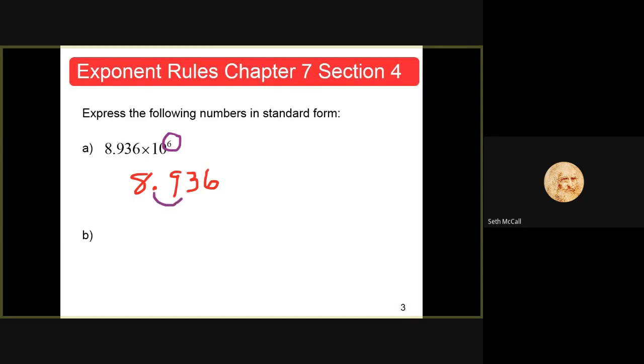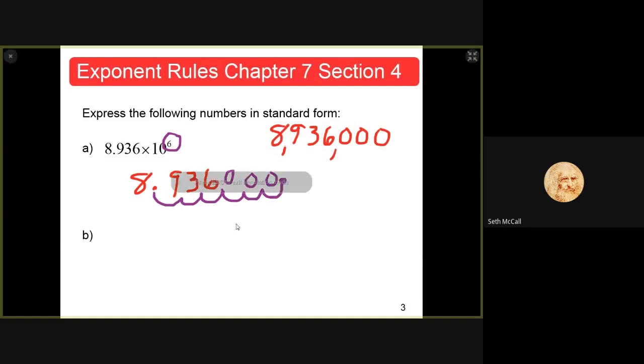So it's 1, 2, 3, and then 4, 5, 6. We put the decimal point right there, and all of these little troughs get filled in with zeros. So we end up with 8, 9, 3, 6, 0, 0, 0. Then you can put your commas in, and that turns out to be 8,936,000.